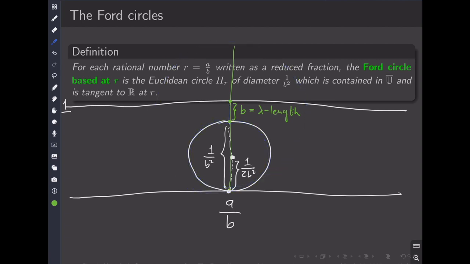So in other words, this Ford circle doesn't cross the horocycle at height 1. Which by the way, we also say this one is the Ford circle based at infinity, just to kill two birds with one stone. So you see, this is H infinity.